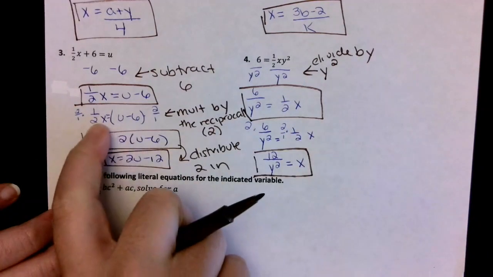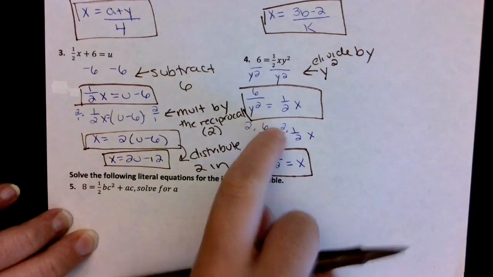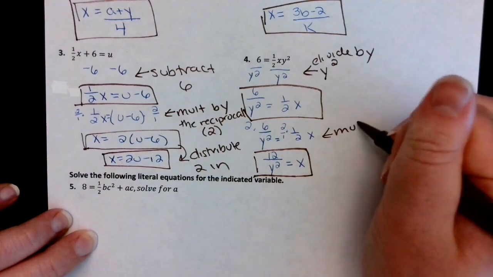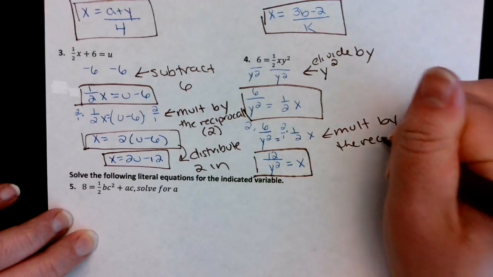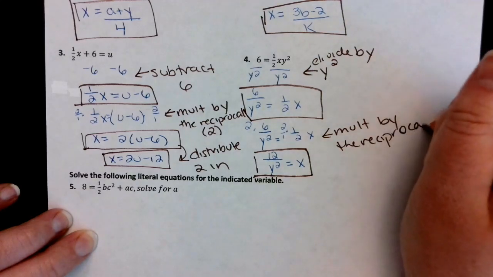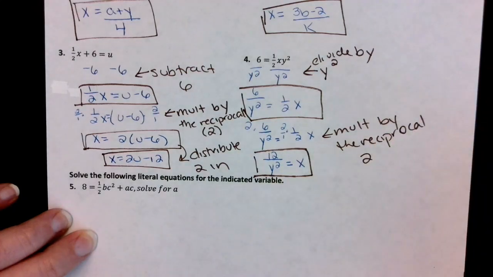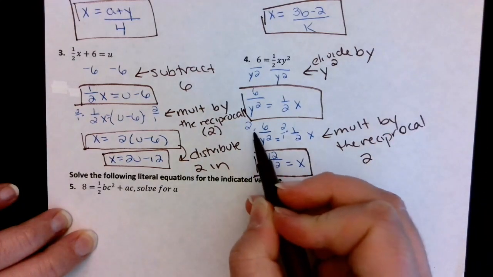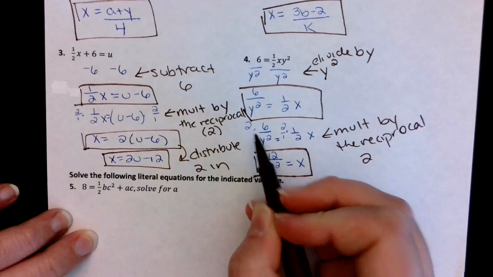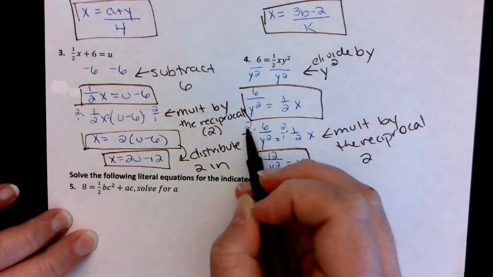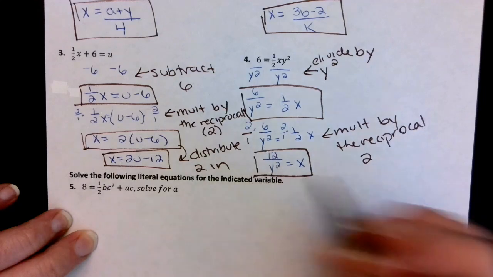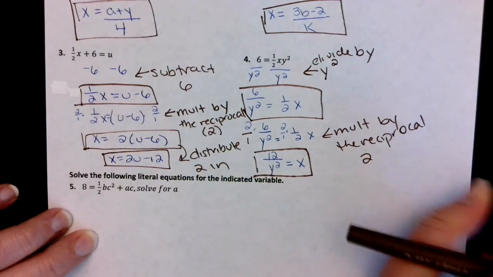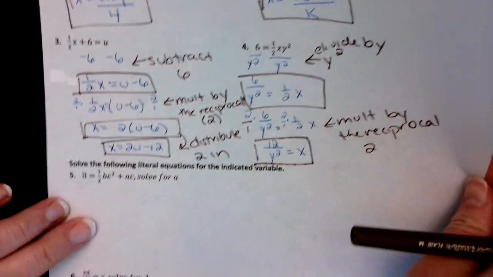Just like in number 3, to get rid of that 1/2, I need to multiply by the reciprocal, and again this reciprocal is 2. So I multiplied both sides by 2, and when I multiply by 2, I multiply across. 2 times 6 is 12. 1 times y squared is y squared. So that's where I get my final answer.